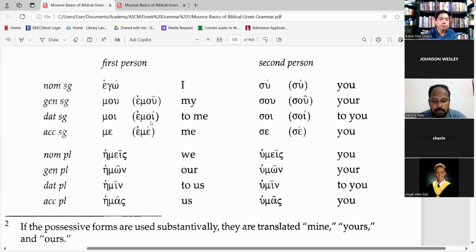Unlike the use of emou, where the emou goes up: eme. You know that the first epsilon is at level pitch and then it goes up.